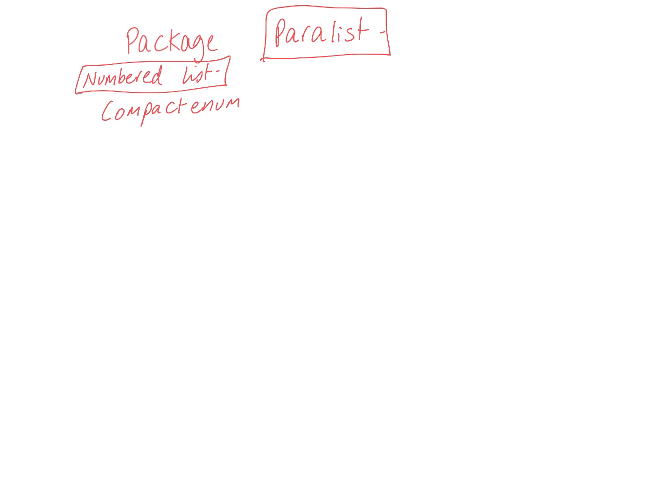So compact version of the enumerate environment without any vertical space before or after the list, if you notice. And then the second one is in para enumerate. So this is an enumerated list typeset within the paragraph.